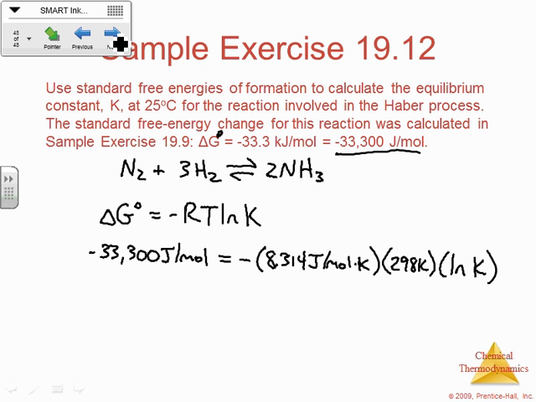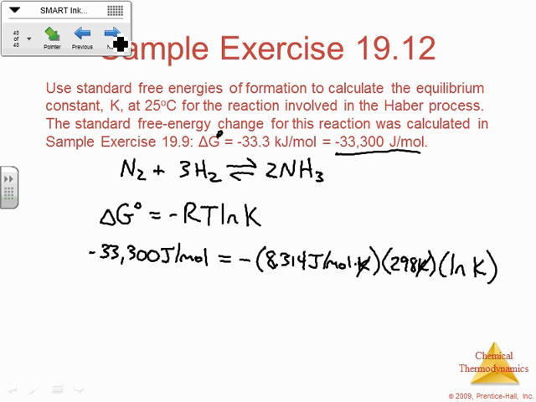So when we multiply these two things together, the K's are going to cancel out. When we divide both sides, the joules per mole is going to cancel out, which is going to leave us unitless. Is that okay? Yeah, K is unitless, so no problems there. So I guess I'll go ahead and work this one out.